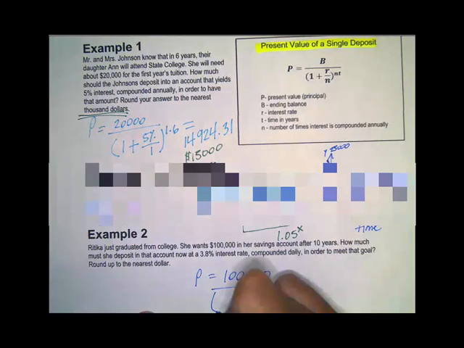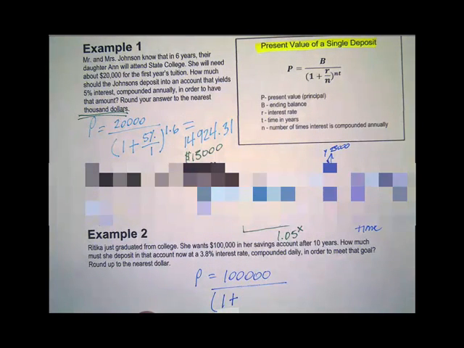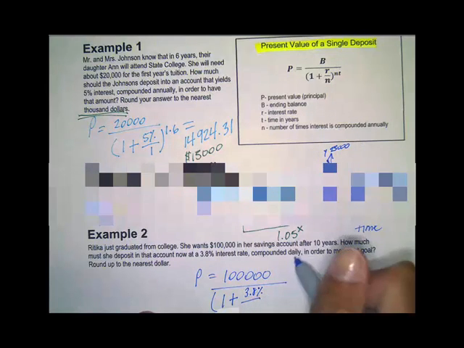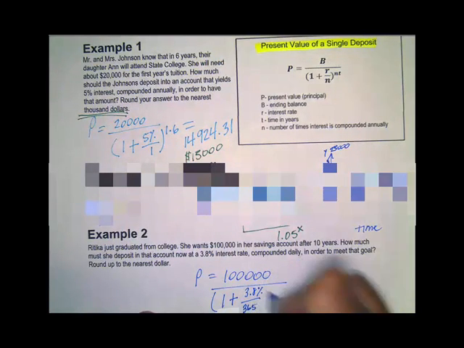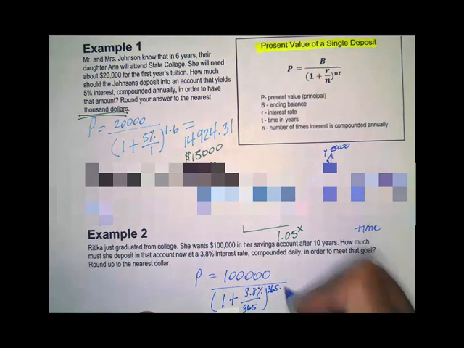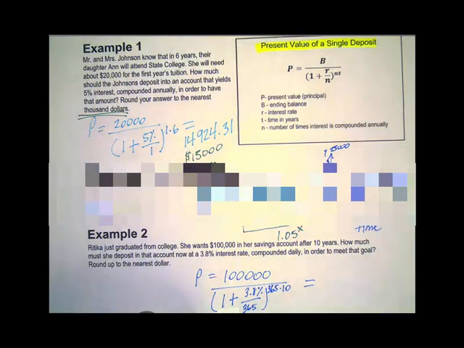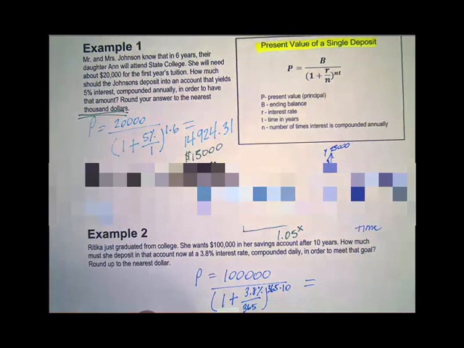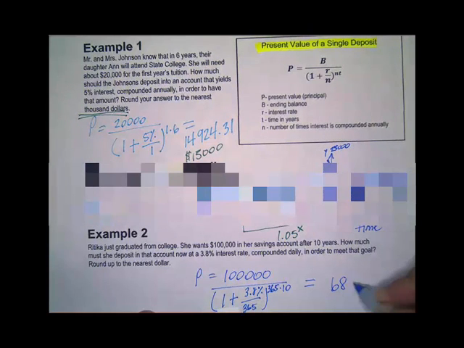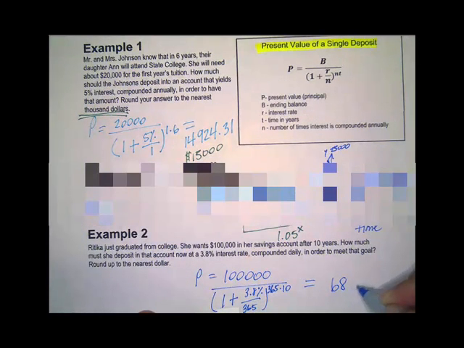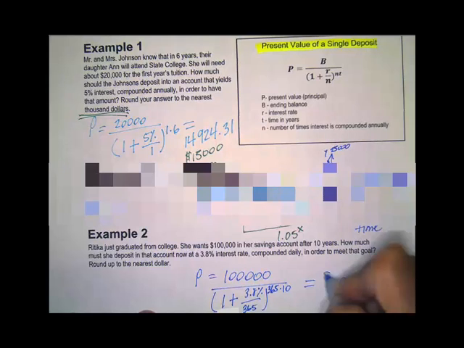Divided by 1 plus your rate, which is 3.8%, divided by compounded daily, so 365. 365 times how many years? 10 years. So go ahead, pause, and put that in your calculator. You should get $68,387.